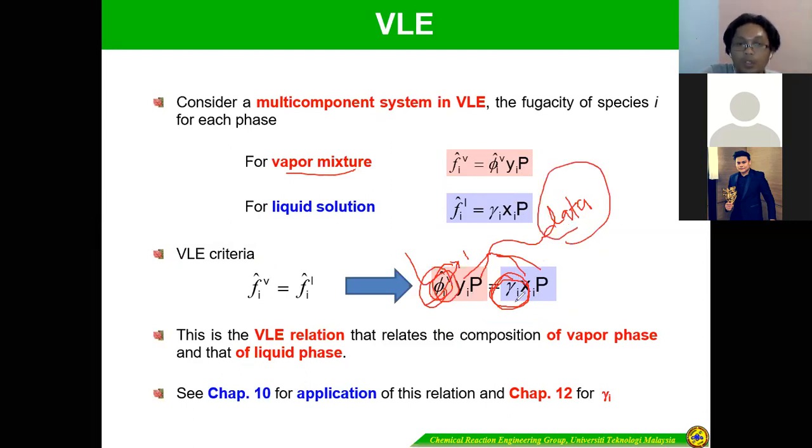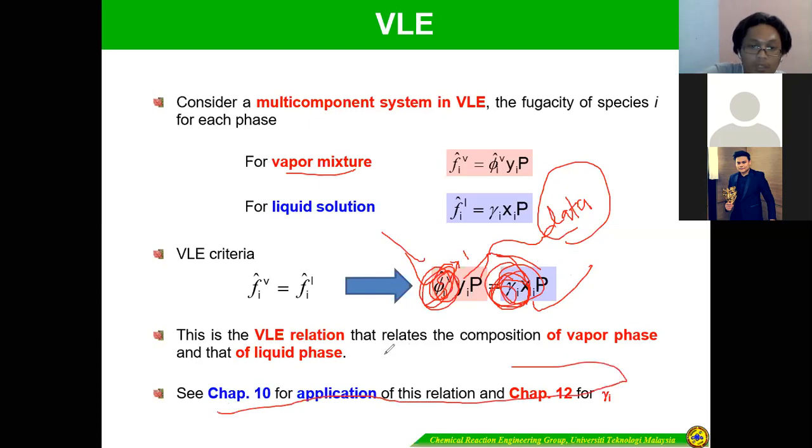The problem is to determine this one, and also this one. Generally we determine this one first, and then we determine the activity coefficient. This is what we are going to discuss in chapter 12, and the application is in chapter 10: how to use this gamma as well as phi.